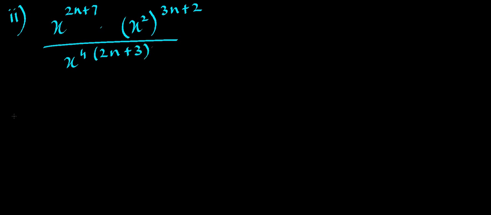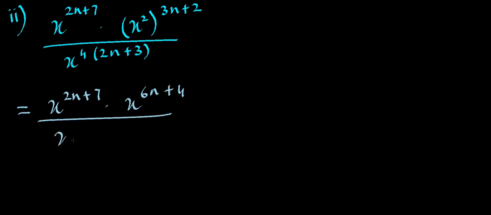Now what's that equal to? Simple, first multiply the powers. x raised to 2n plus 7 into x raised to 6n plus 4 upon x raised to 8n plus 12.